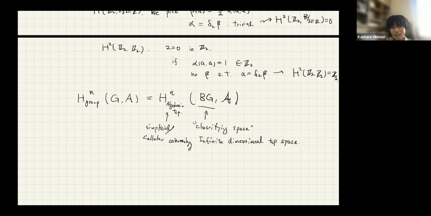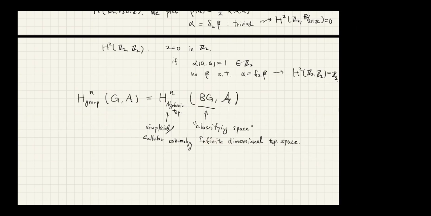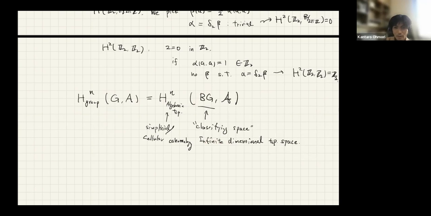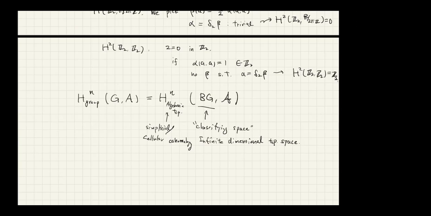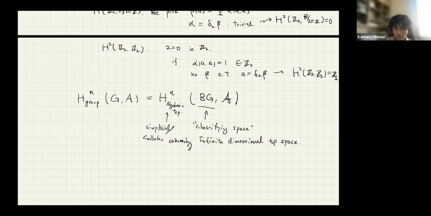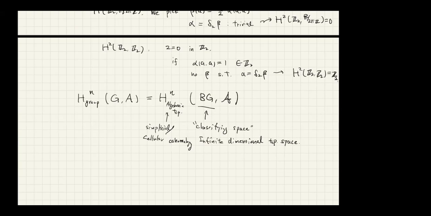So in this sense, what you know about the cohomology on a topological space can be applied. Algebraic topology, yeah. The whole of algebraic topology is applicable. All the toolset is applicable.